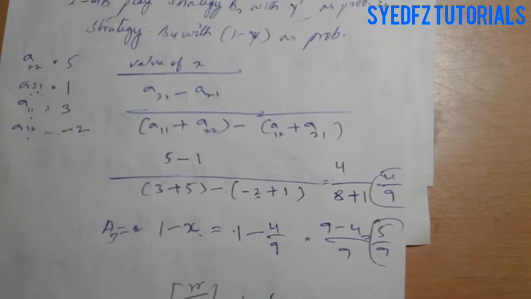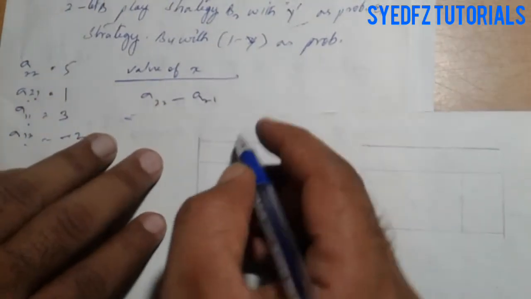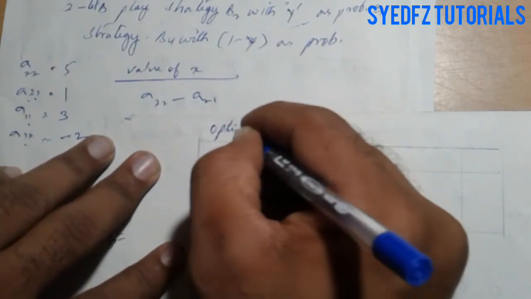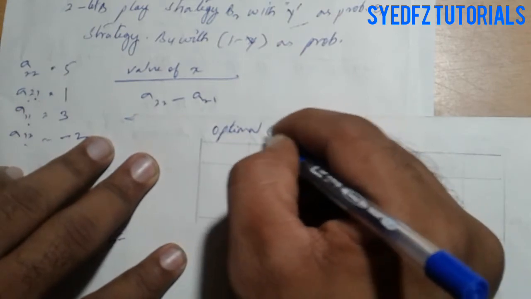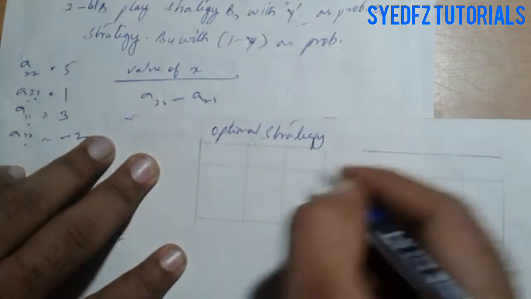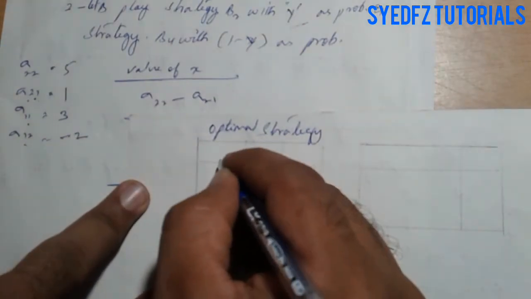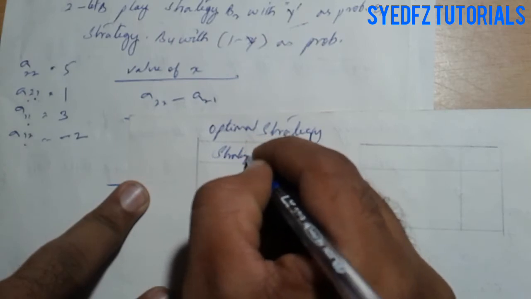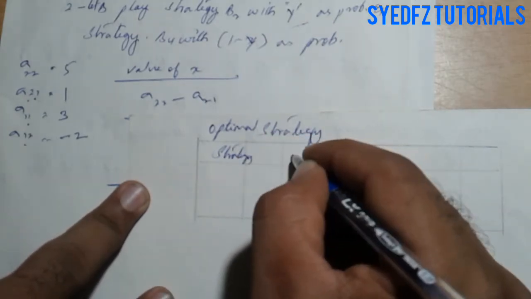What you have to do is put it in a box. This is the optimal strategy for the player, this is strategy and this is probability.